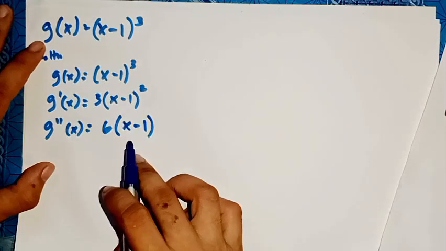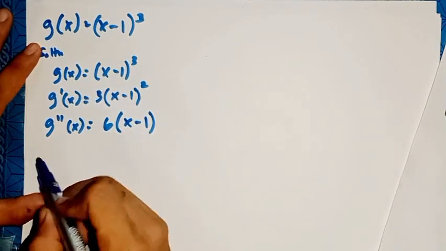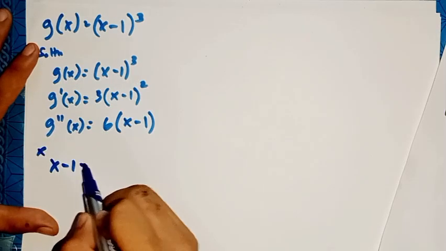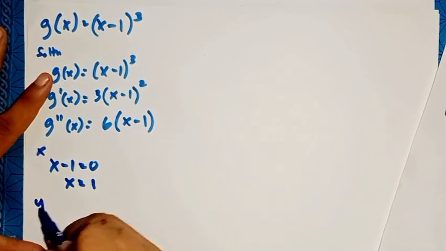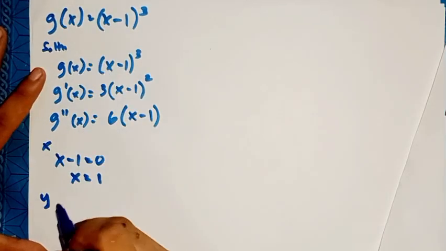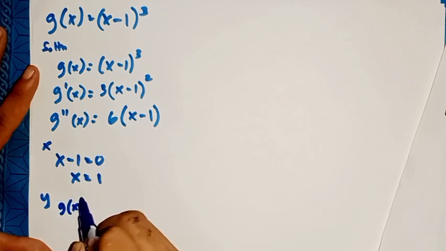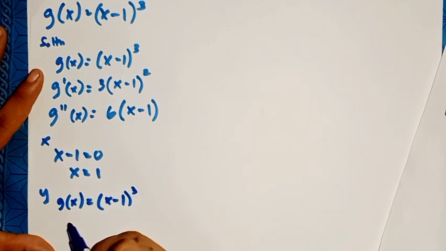Since we know the first and second derivative, let's find the point of inflection. x is equal to, find the value of x. Since x minus 1 is equal to 0, x is equal to 1. Now find the y. We have to use our original function. We have g of x equal to (x minus 1) cubed. Let g of x be equal to y.